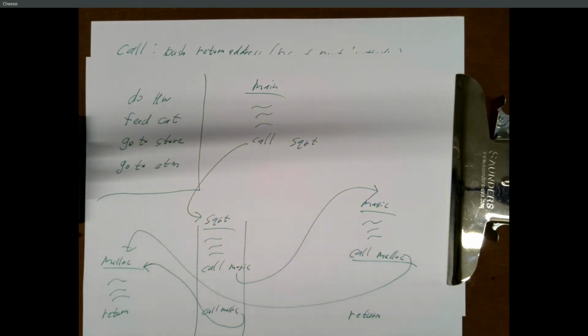All right, so stacks work well for this. Every time you make a call to a function, you save the return address on the stack, and when you say return, you pop the last thing that was pushed on the stack that should have been the next instruction after the last call that you did. You jump back there, that's how you come back from the call, and you just continue.